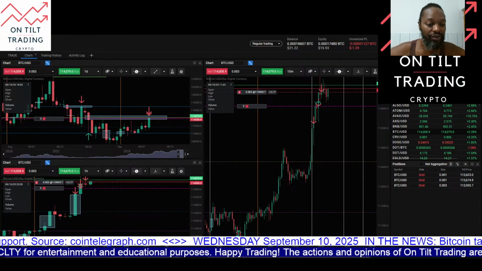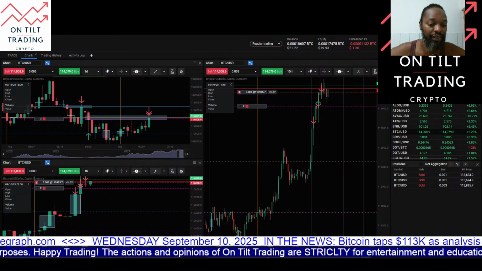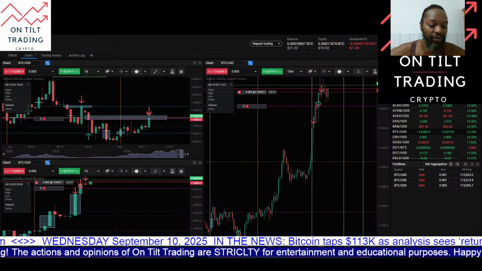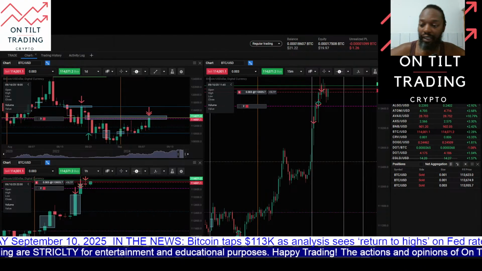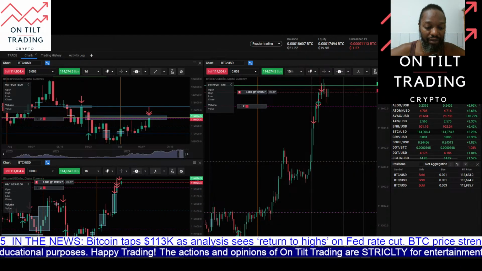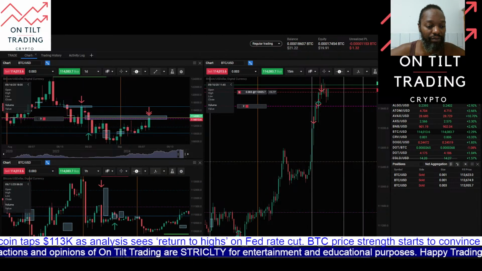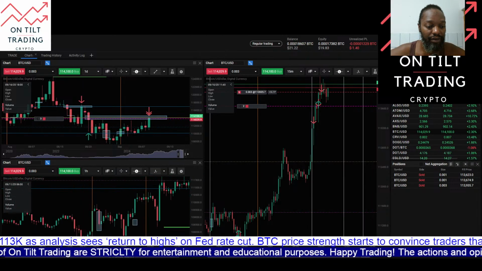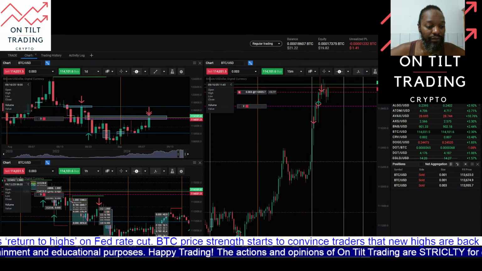So this is the short here on the 15 minute, also on the 60 minute. So this was based off of my short bias today. And then for this trade, I used a stop loss back here on the 60 minute, to go back here a ways.